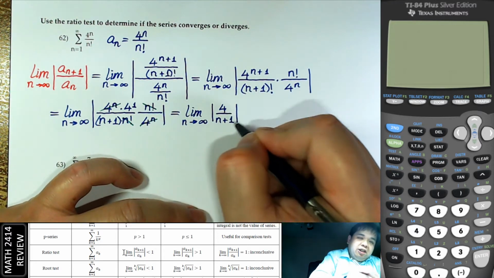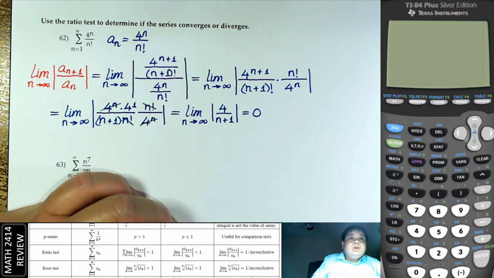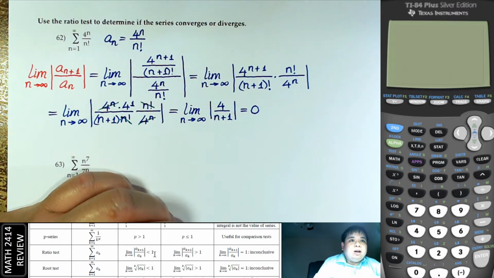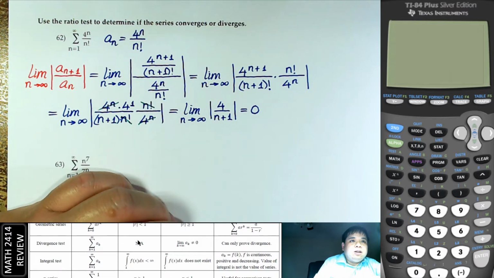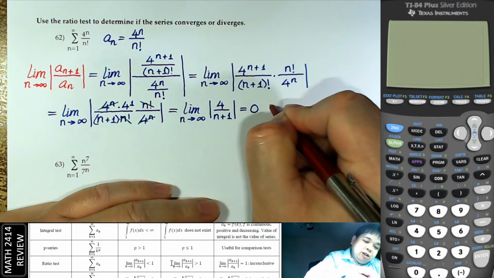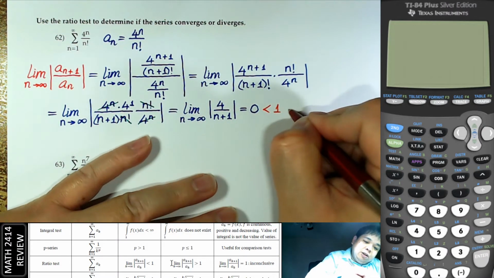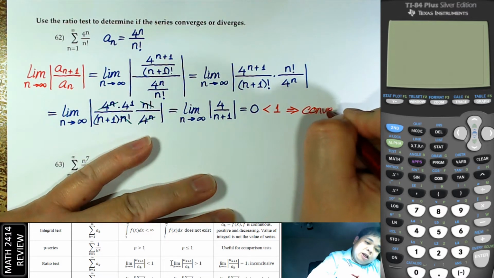So finite divided by infinity, so this one is equal to 0. Now the ratio test says if it's less than 1, it is convergent. And this ratio is less than 1. So that means the series is convergent by the ratio test.